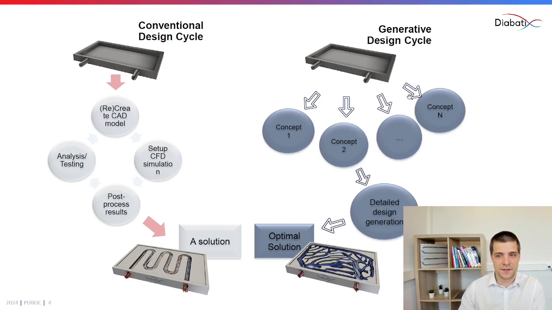This part is tackled in Tasneem's webinar from a couple of weeks ago, so I will not go too much in depth. But if none of those concepts meet the thermal requirements, you then have to move on to what we call detailed design generation, and that's where we will focus, to basically extract the maximum out of it, to get as close as possible to all the thermal requirements.